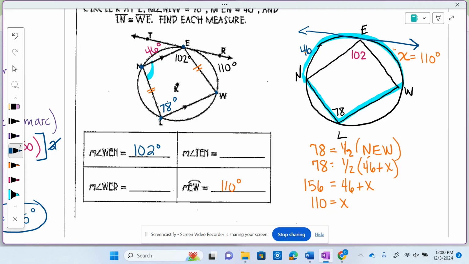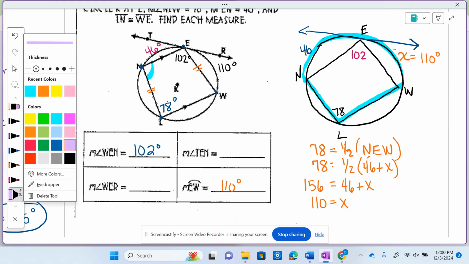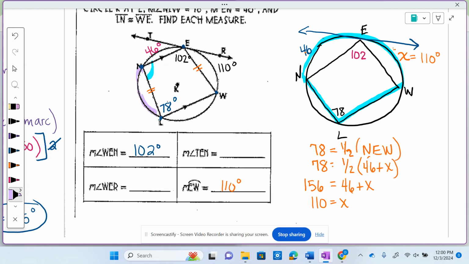Do you see that I have two congruent chords? This chord is congruent to that chord right there. So what does it mean about their arcs? Yeah, the arcs that they intercept are congruent to each other. So if the arc on the right is 110 degrees, what is the arc on the left? It's also 110 degrees. Look at what I'm trying to show you. This arc has to be congruent to this arc because they're created by congruent chords. So this is 110 degrees also.